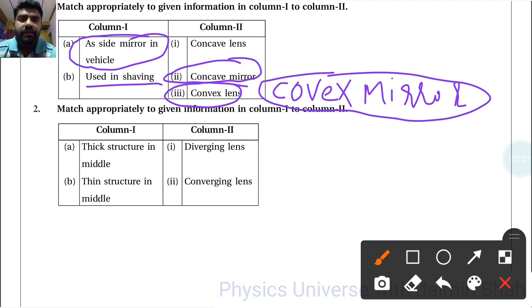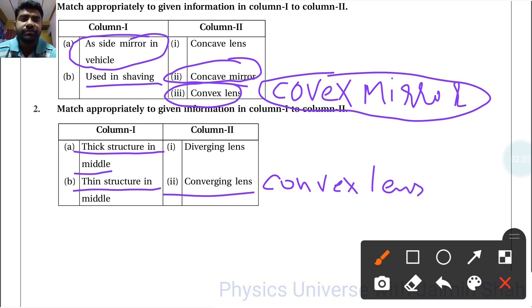Then second, thick structure in the middle, here it is of a converging lens. Thick structure, converging lens means convex lens, right? It is called a convex lens.